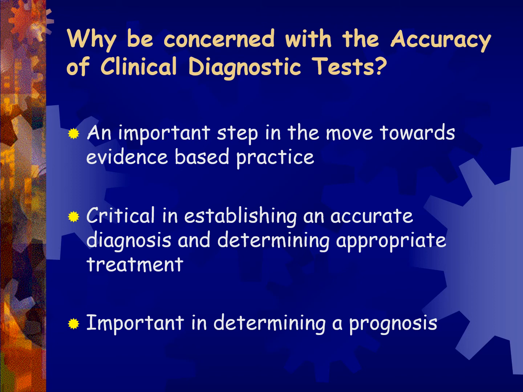First and foremost, it really is an important step in the move towards evidence-based practice, which provides the best care for our patients. Understanding that type of information is critical in establishing an accurate diagnosis and determining appropriate treatment. And it's important in helping patients understand their prognosis, because those tests and measures help us hone in on a proper diagnosis and the appropriate treatment for our patients.